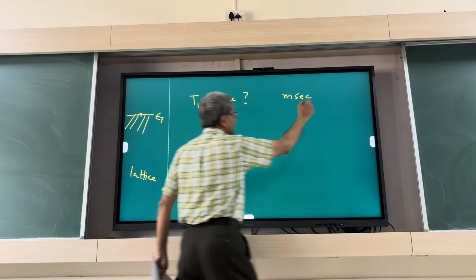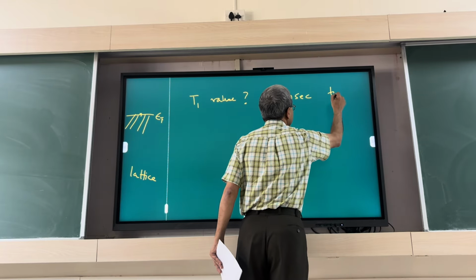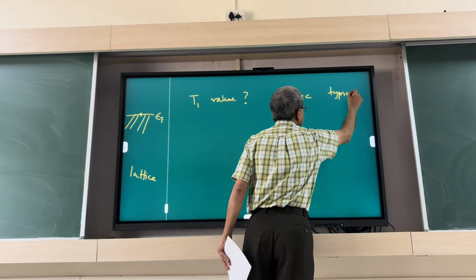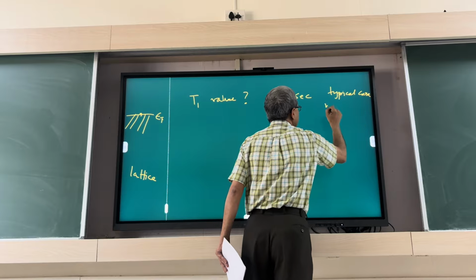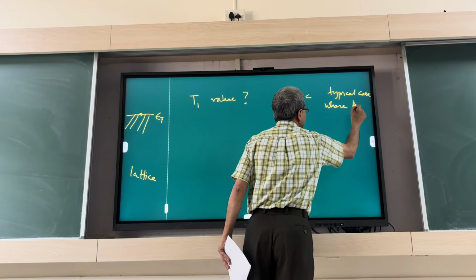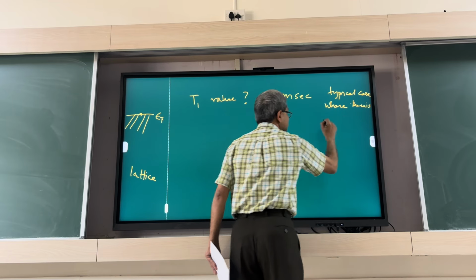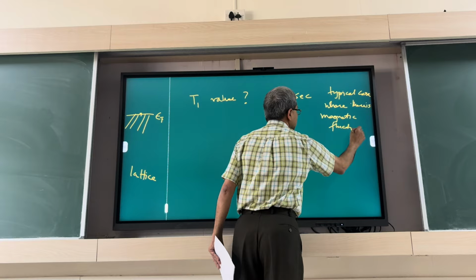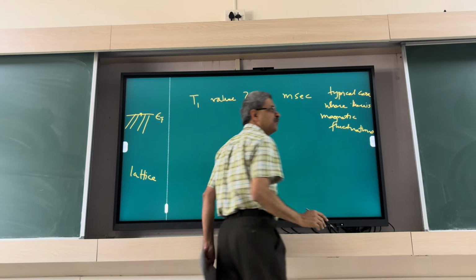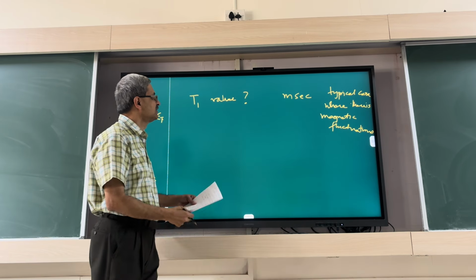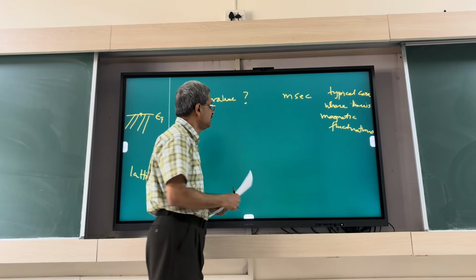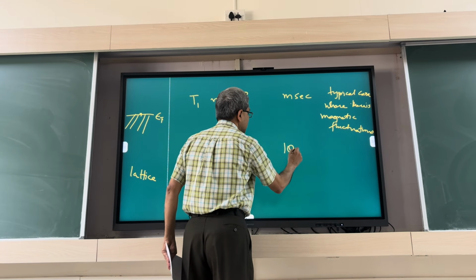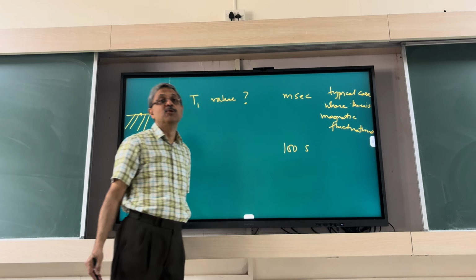So this is the typical case where there are some magnetic fluctuations. But if you don't have any magnetic fluctuations, then this value can be like hundreds of seconds or more.